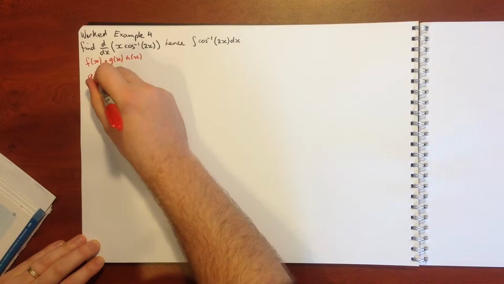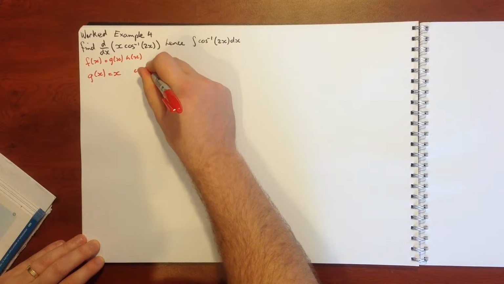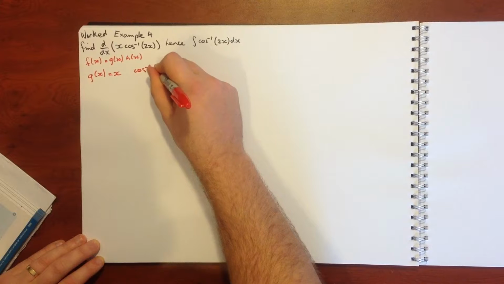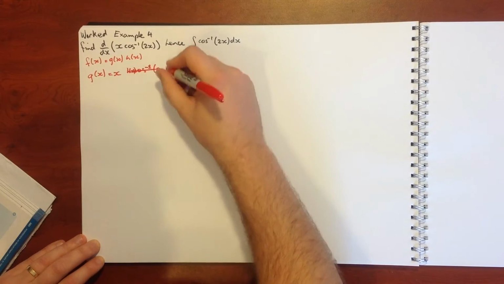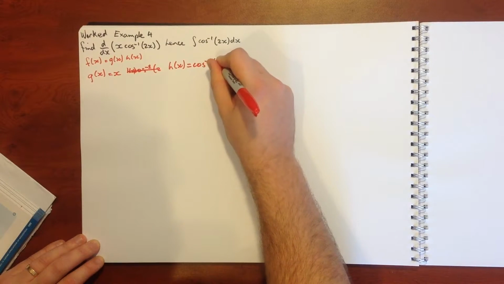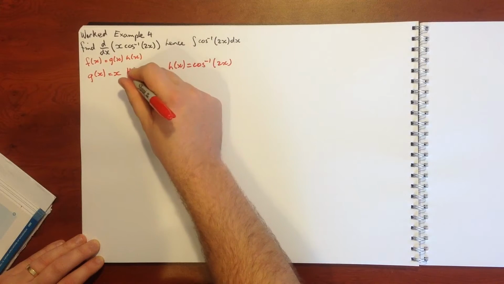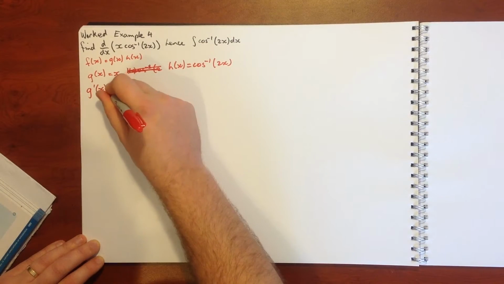Well, we're going to say our g of x is equal to x, and our h of x will be our inverse cos of 2x. So g dash of x then is equal to 1.